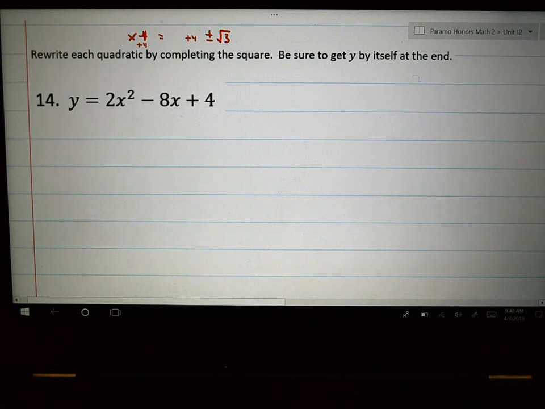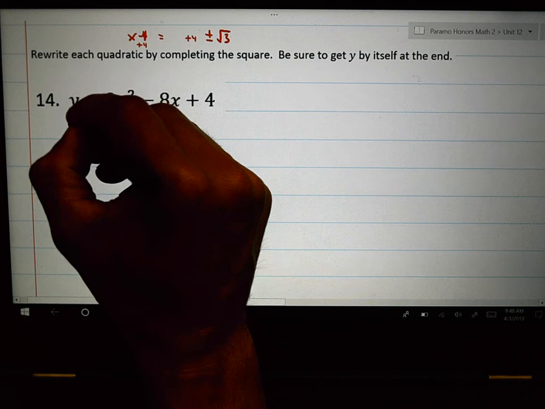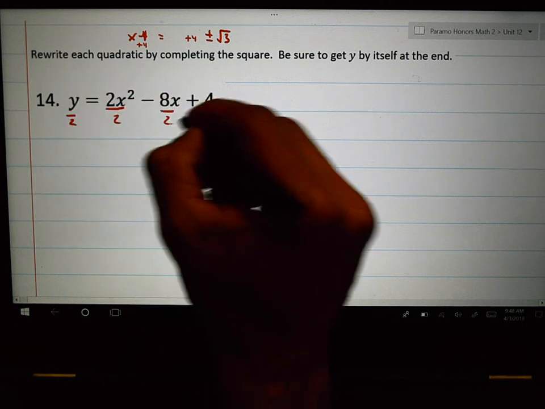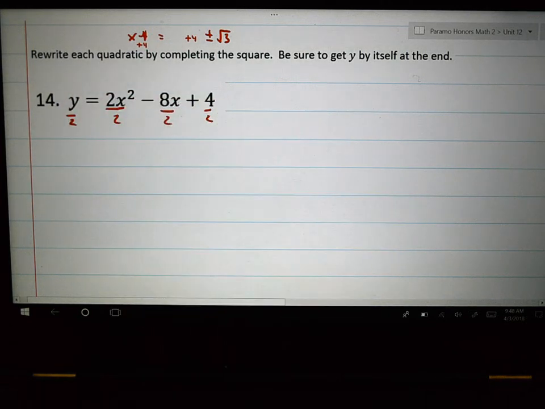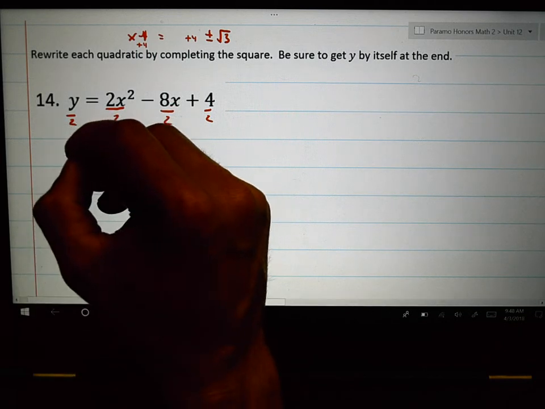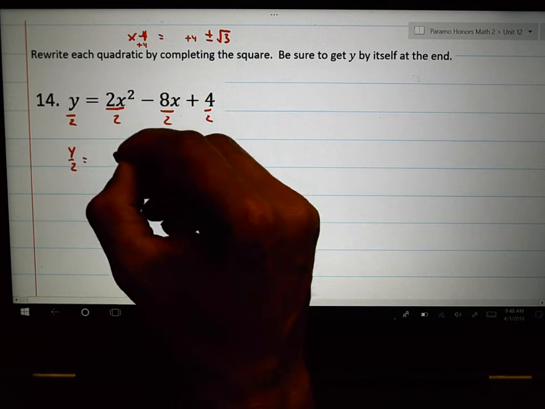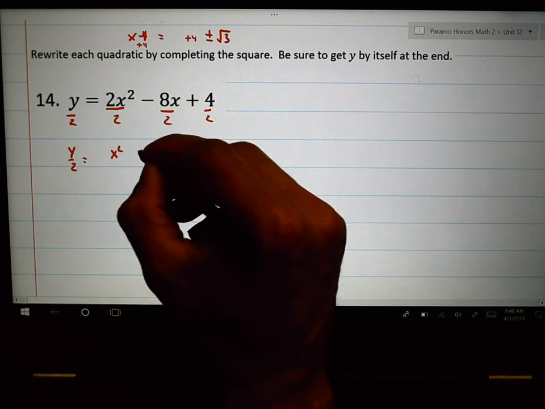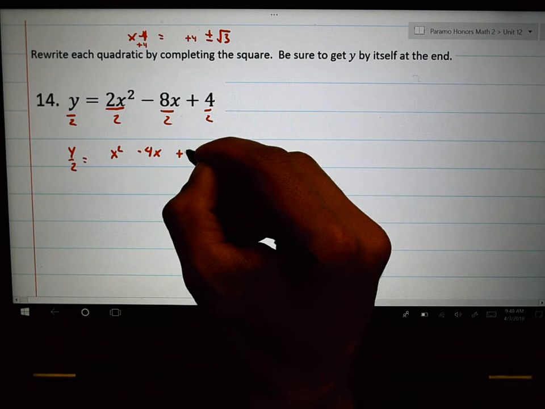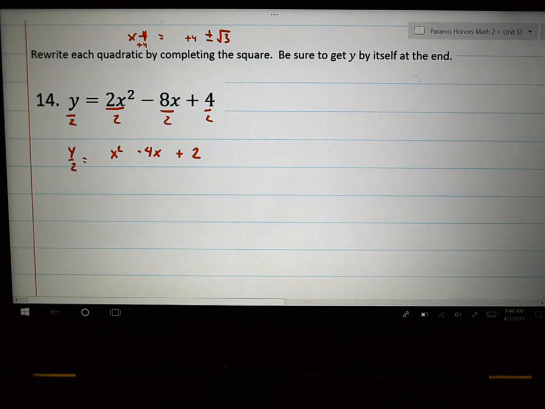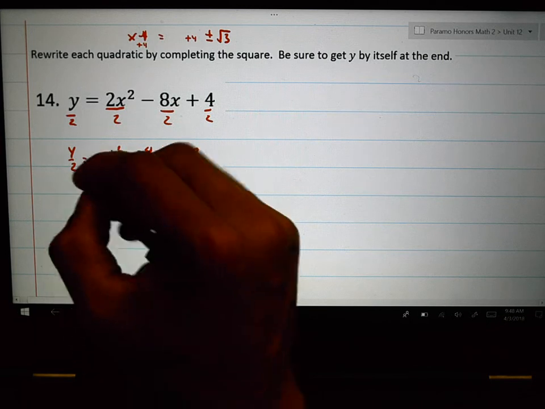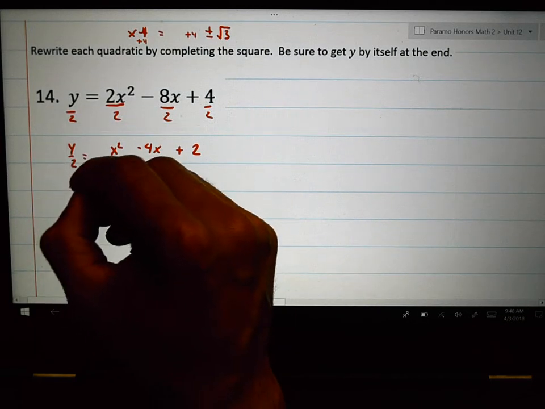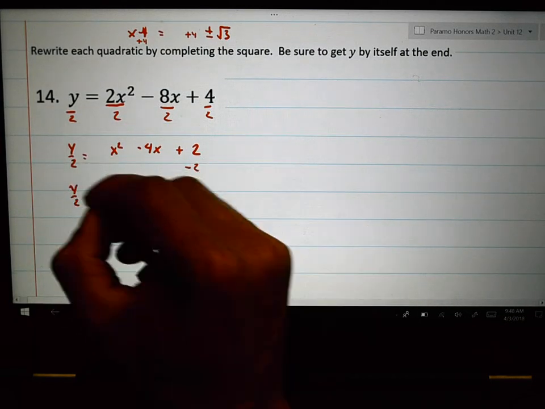I'm going to divide each thing by 2. Step number 1. So I have y over 2 equals x squared minus 4x plus 2. Next, what I'm going to do is subtract the 2 over to this other side.